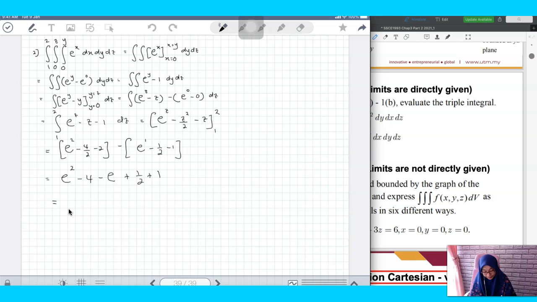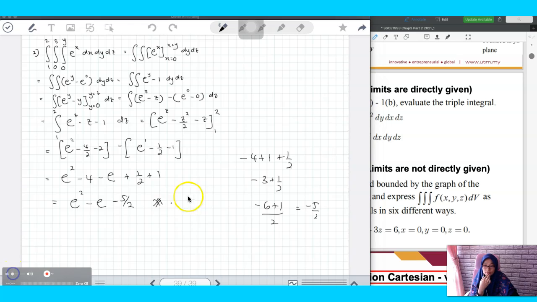So when you simplify, you can leave your answer in terms of e: e squared minus 2 minus 2 minus 4, minus e plus half plus 1. So minus 4 plus 1 plus half, minus 3 plus half, plus 1, minus 5 over 2. So you can leave your answer in this form.